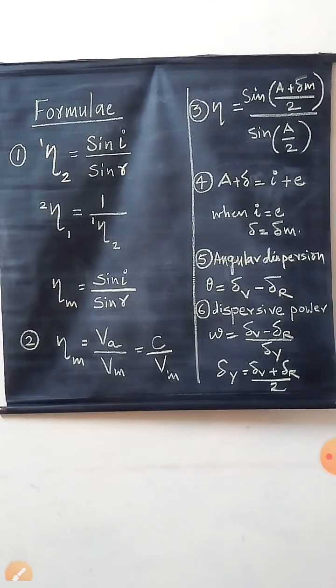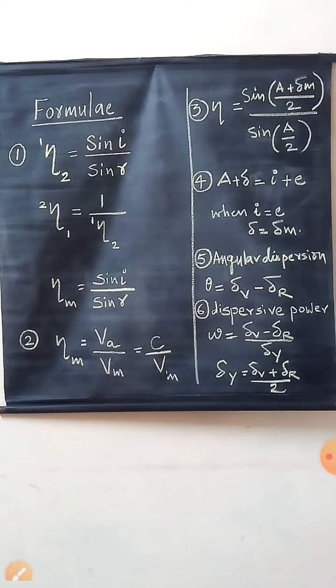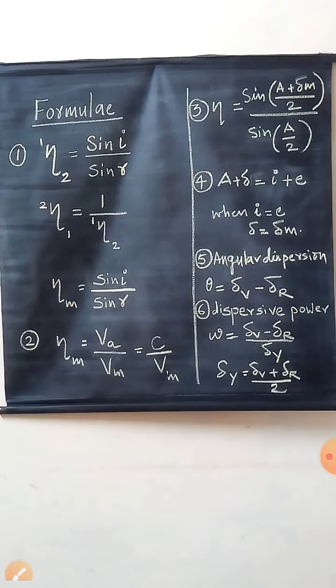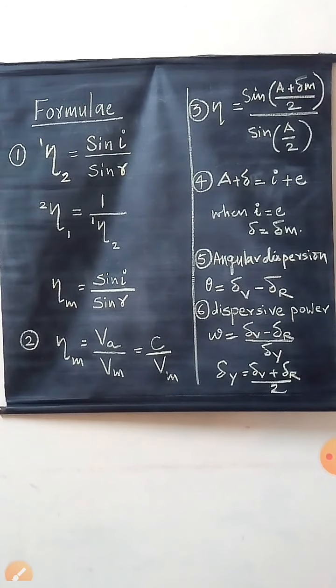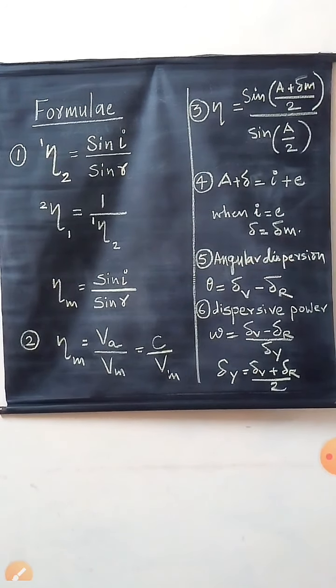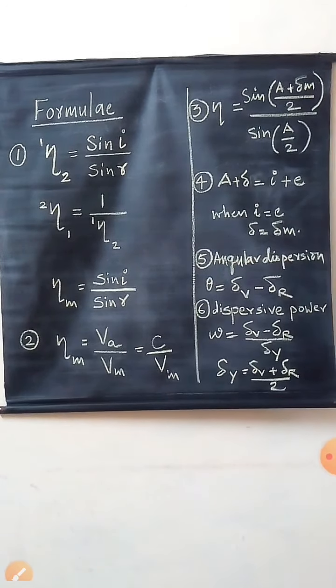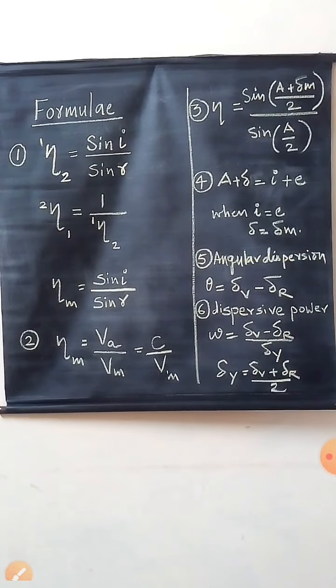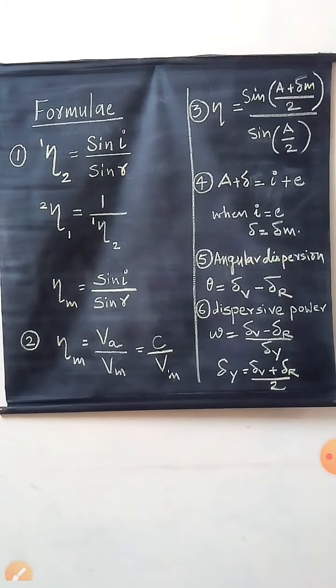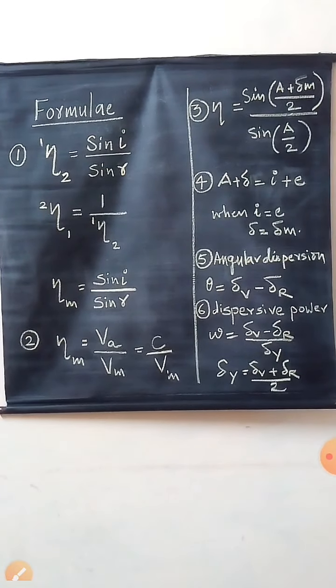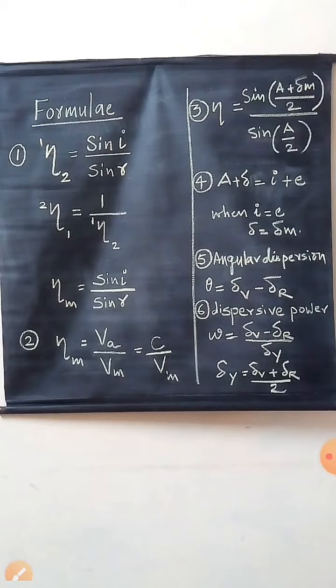So formula number 1 you can see on the screen is the formula for refractive index. Using Snell's law, refractive index of medium number 2 with respect to medium number 1 is equal to sin I by sin R, where I is the angle of incidence and R is the angle of refraction.